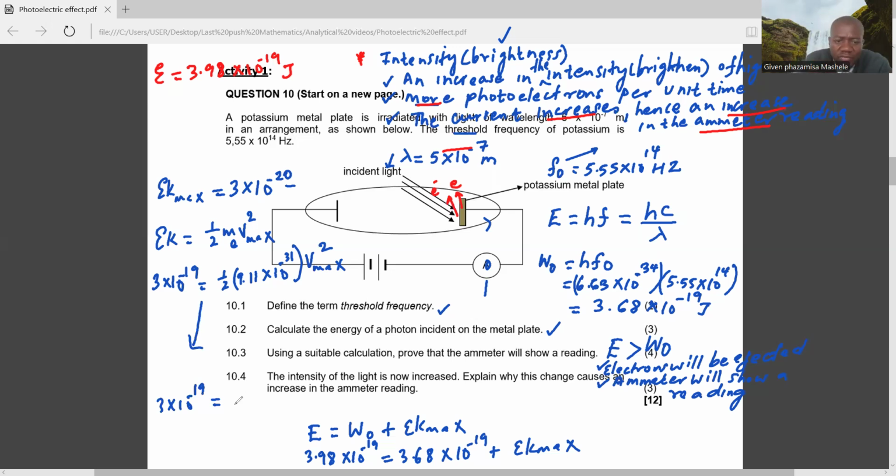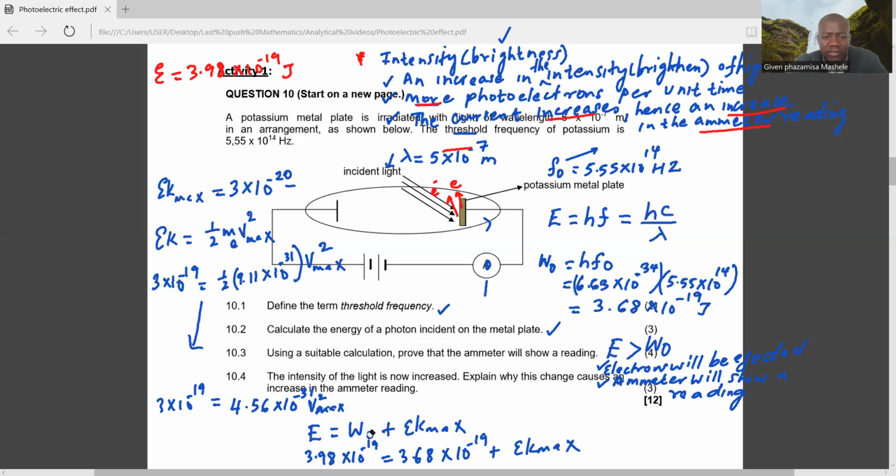So this will give us 4.56 times 10 to the power minus 31 times v max squared.